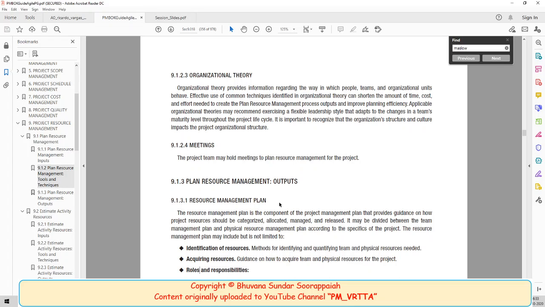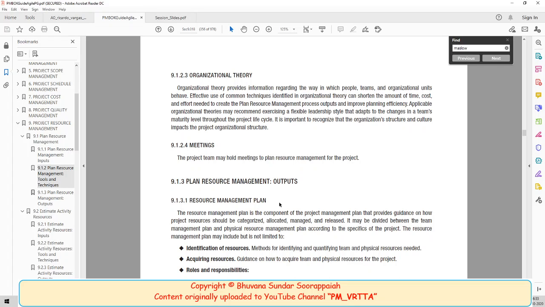So, what does it mean? Technically, in PMBOK, all these different techniques of organizational theory are not explained at all. Or maybe my search is wrong, maybe somewhere it is there, but it's definitely not explained in as much detail in PMBOK. Where you find it is in the exam preparation guides, be it Head First PMP or Rita Mulcahy's PMP preparation book.